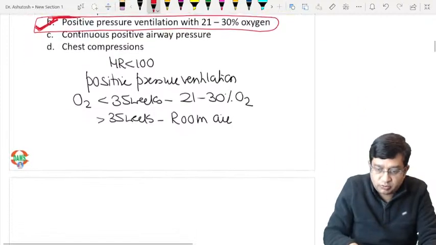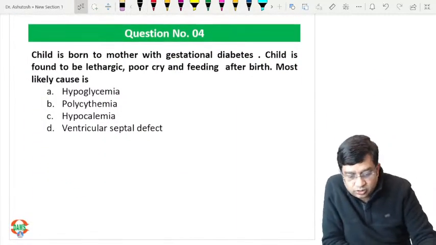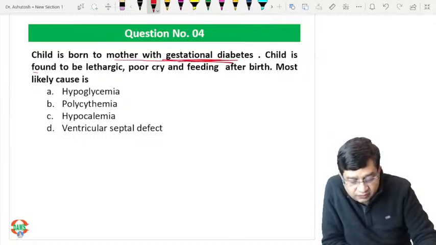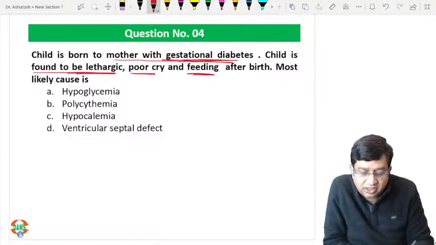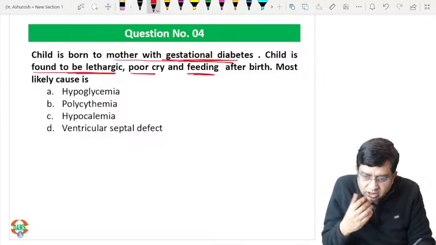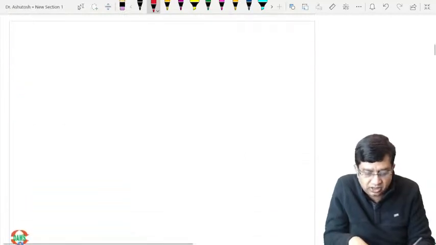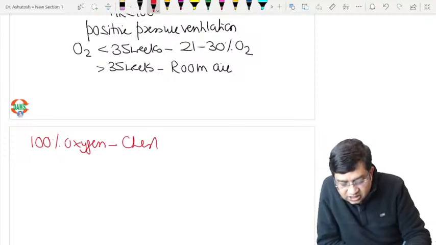If anybody can respond more, it will be too good. Then this was a question. Child is born to a mother with gestational diabetes. Child is found to be lethargic, poor cry and feeding after birth. 100% option was there. 100% तो आप देंगे ही नहीं. 100% oxygen, you only give on chest compression.